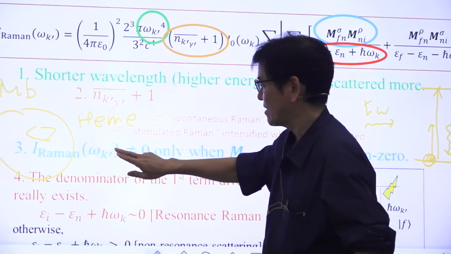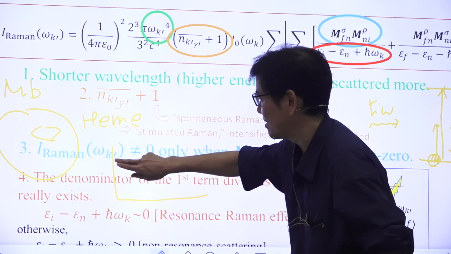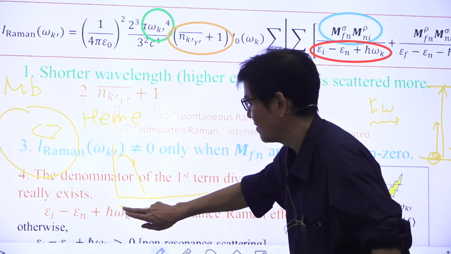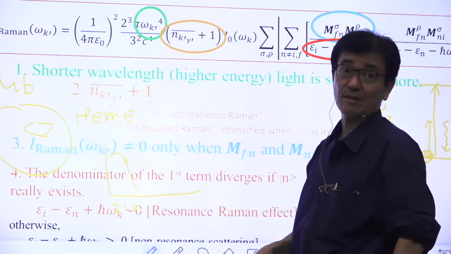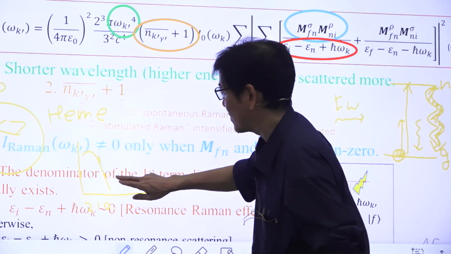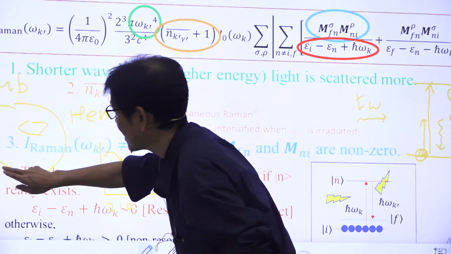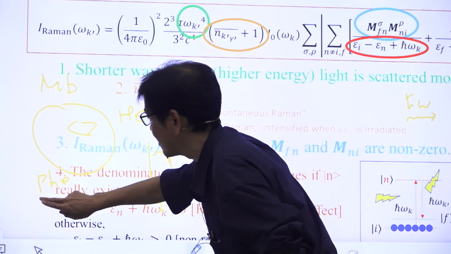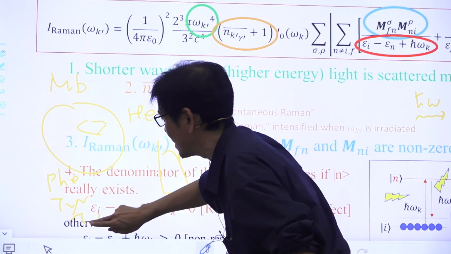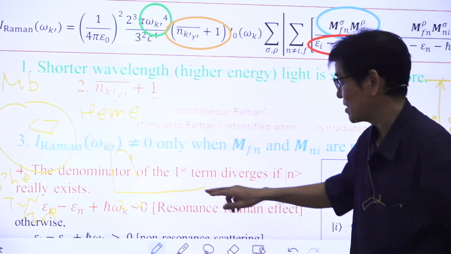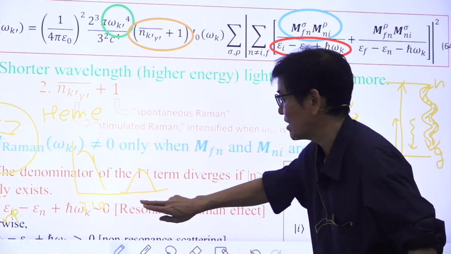The protein part has absorption near 210 nm or shorter wavelengths. And the aromatic groups, phenylalanine, tyrosine, tryptophan, have absorption near 280.